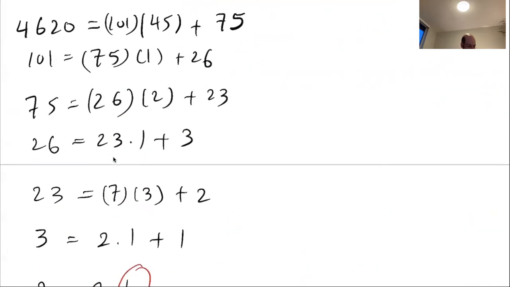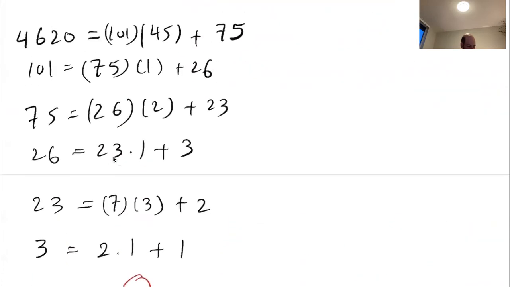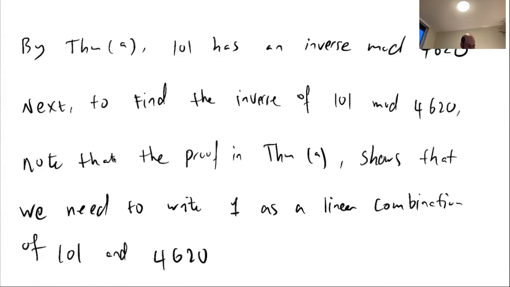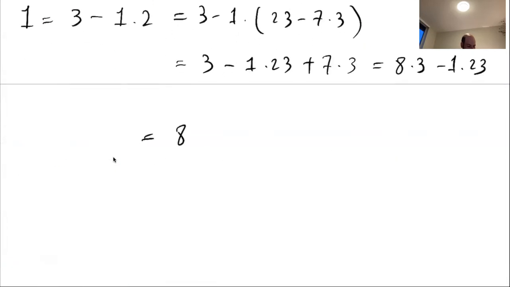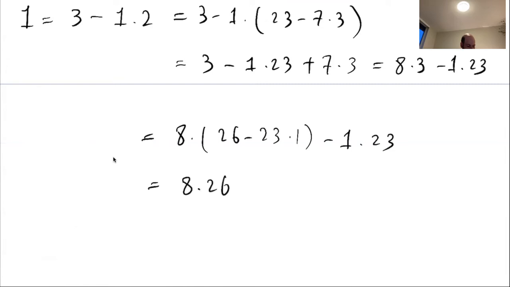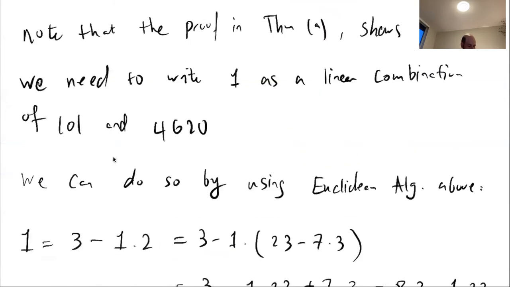Now if we look at the equation above this, 3 could be written as 26 minus 23 times 1. So 8 times (26 minus 23 times 1) minus 1 times 23, which is 8 times 26 minus 8 times 23 minus 1 times 23. That's 8 times 26 minus 9 times 23.